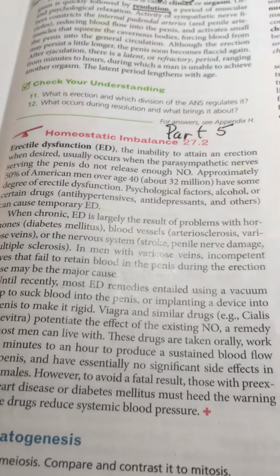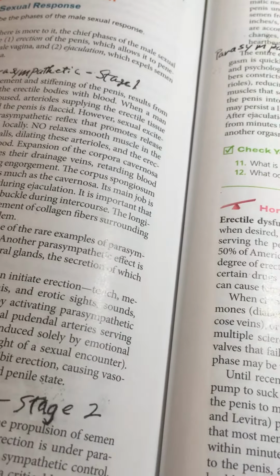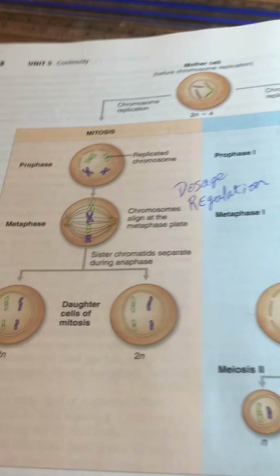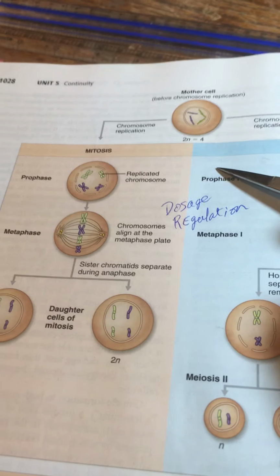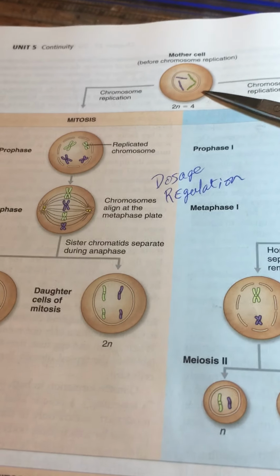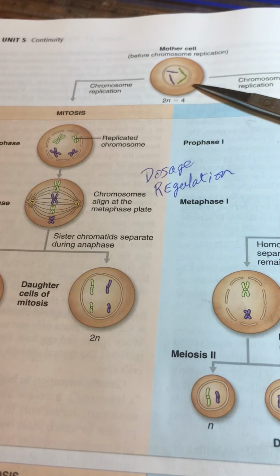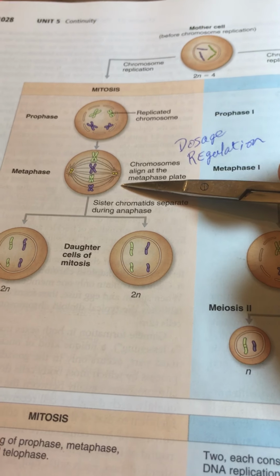Okay, so then we go on here to this next stage called spermatogenesis, and here we have a comparison of mitosis over here and meiosis over here. Part of the program that we have to consider is that there's a primordial cell or a stem cell, and that there's going to be replication.